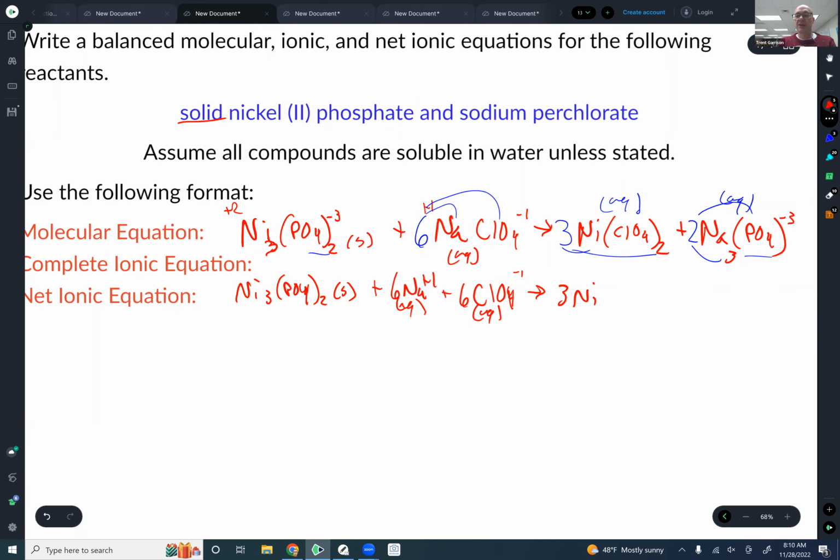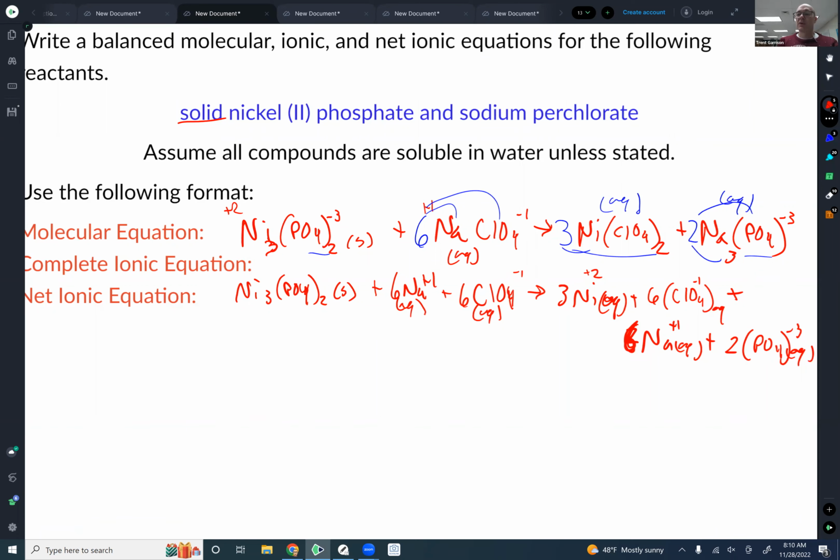So 3 nickels, aqueous, 6 of the perchlorates, and we must put the charges on each one of these. Oh my goodness, so many little details that could go wrong if you're not paying attention. 6 of the sodiums, +1 aqueous, and 2 of the phosphates, -3 aqueous.